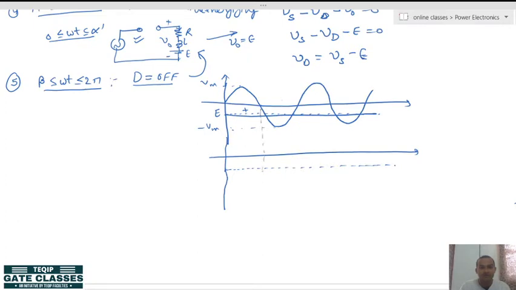Let's mark the instants. So the whole sine wave will be like this.